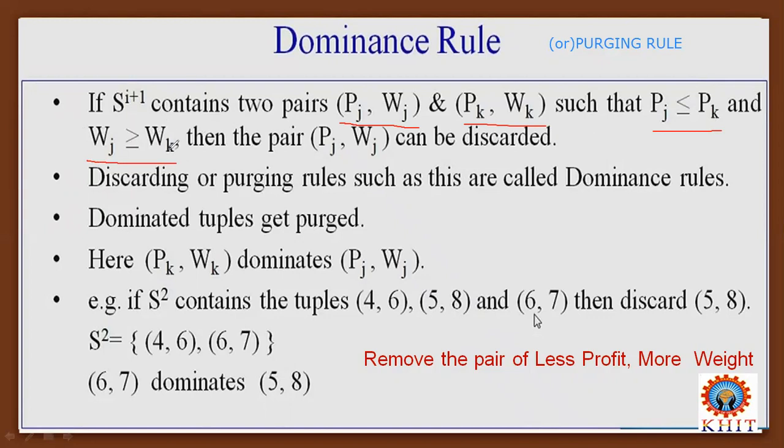If the condition is satisfied, then we need to remove the pair. Discarded means removing. Remember that once the pairs of values are generated for S^3 or S^2 or S^1, we need to apply the dominance rule.